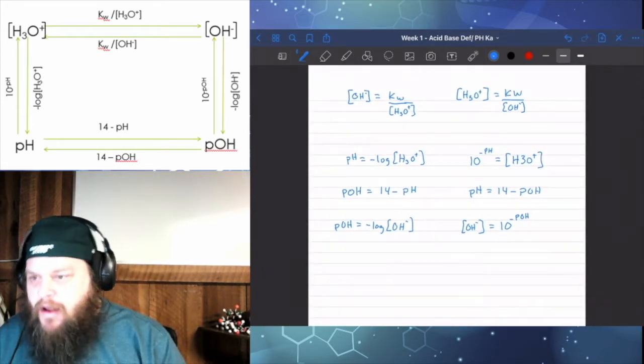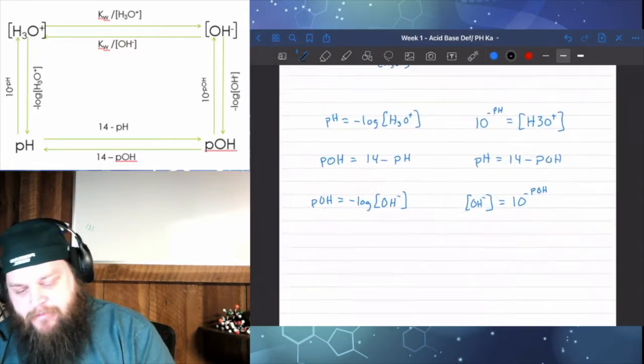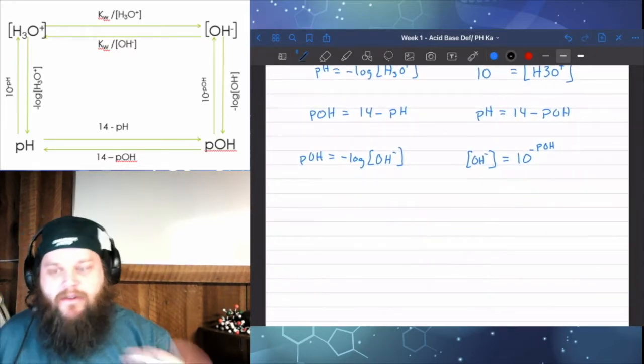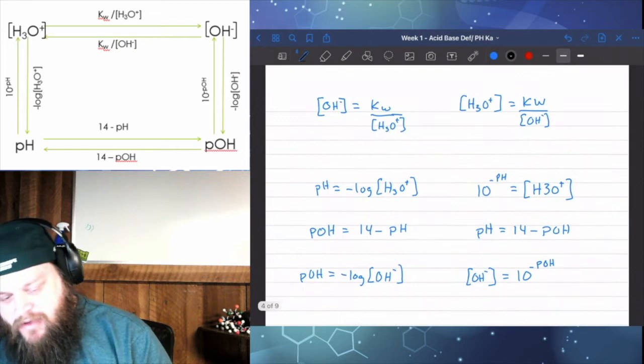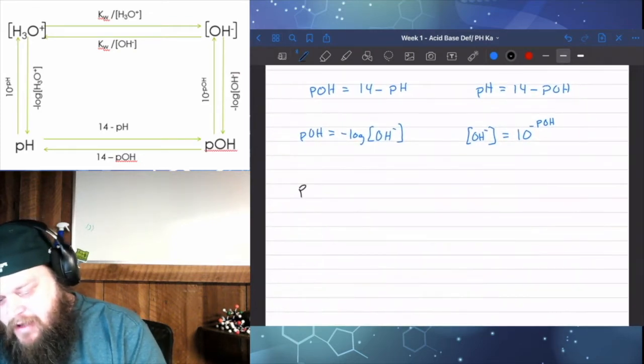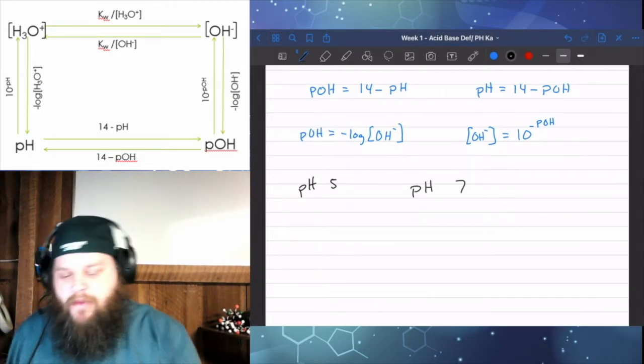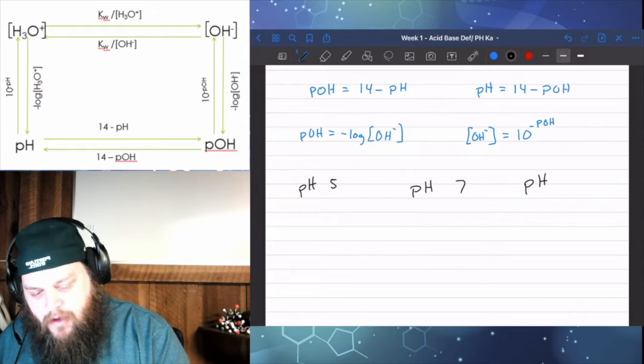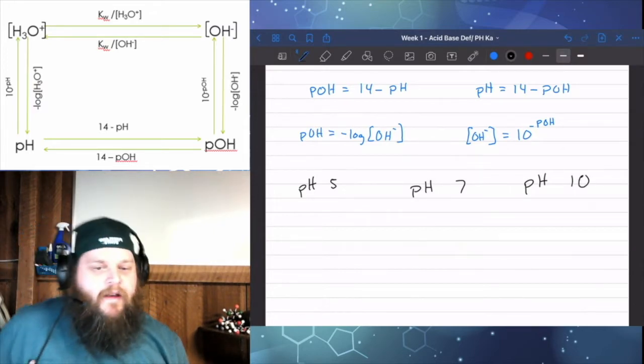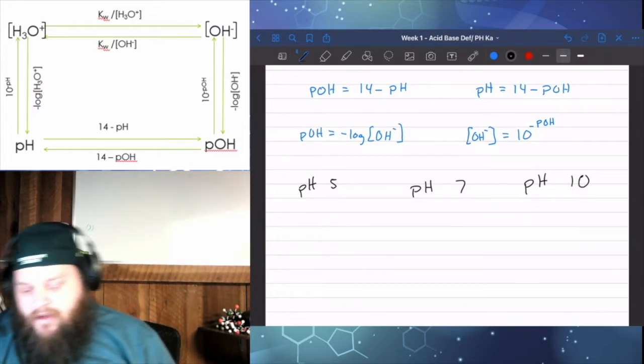All right, if not, one more thing I want to mention about pH and these values we get. Because we see these values on here where it's like, oh, it has a pH of 5, or a pH of 7, or pH of 10, or something to that effect. What does that really tell us?